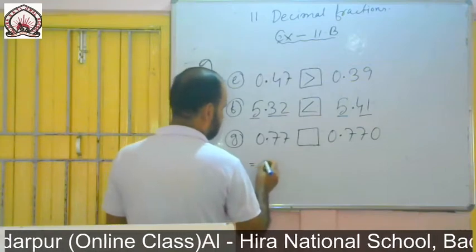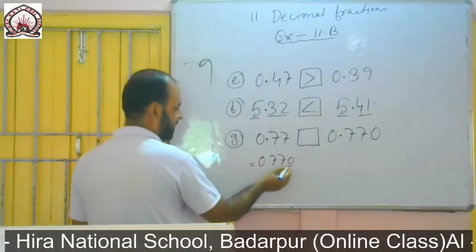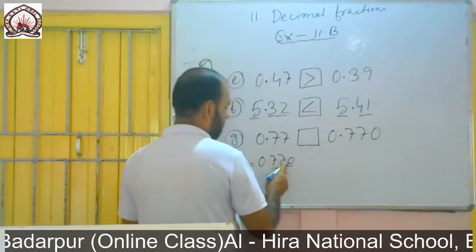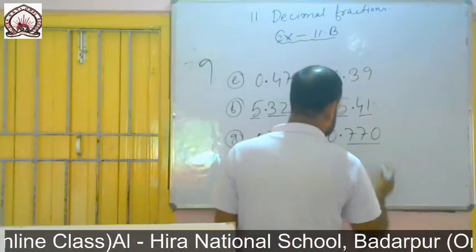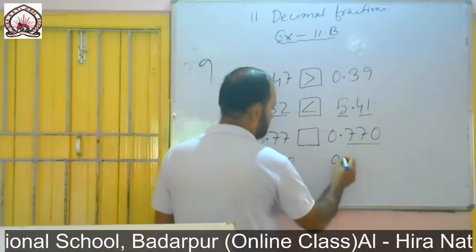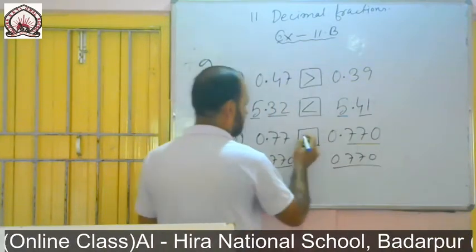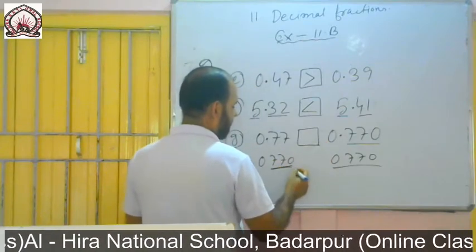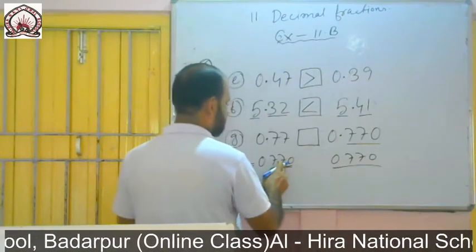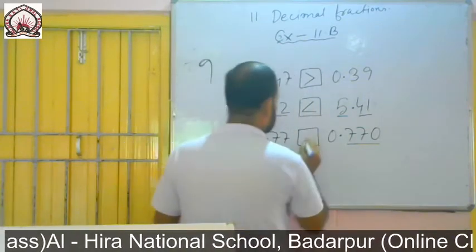If we make them like decimals and add a 0, then it is 0.770 and this side also 0.770. So both numbers are the same, and here we give equal to.